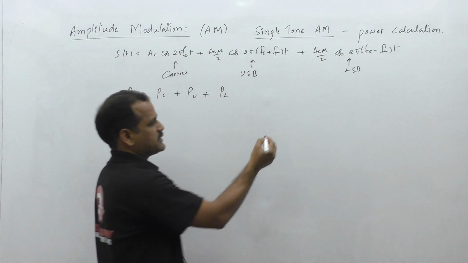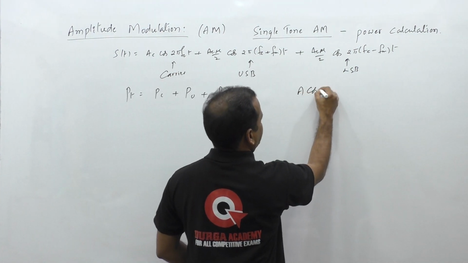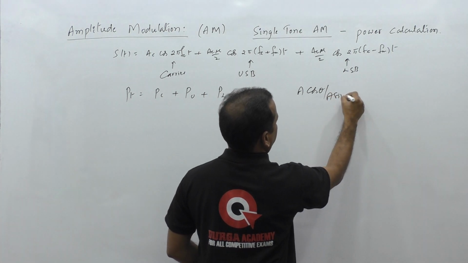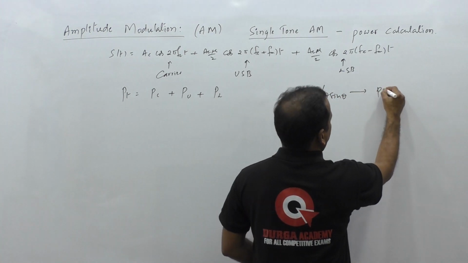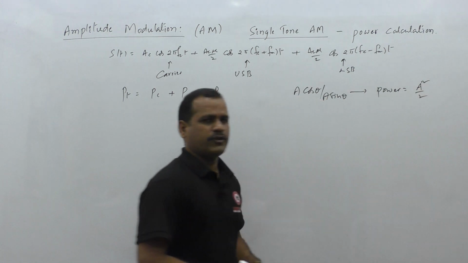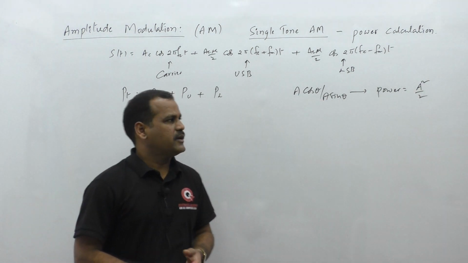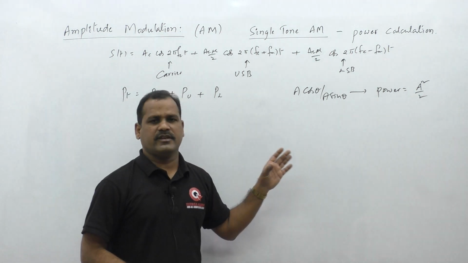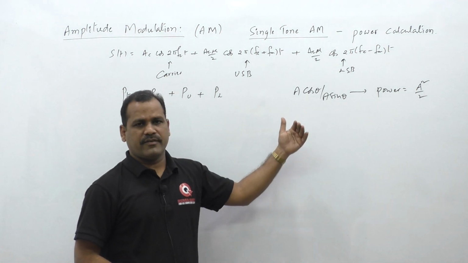We know that for a signal A cos theta or A sin theta, the power is equal to amplitude square divided by 2. So independent of the frequency and phase, the power of a cos or sin signal is equal to amplitude square divided by 2.